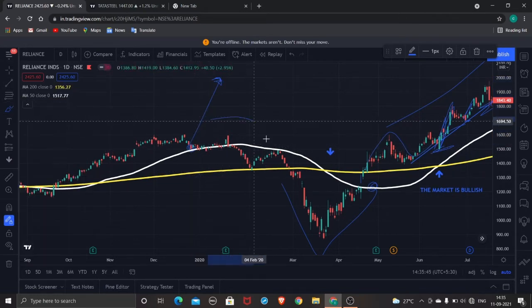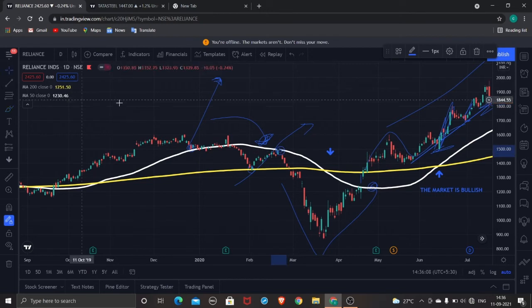Again, the stock price falls and takes support, as I've told you prior that the 200 moving average and 50 moving average are good supports, major supports in price action. So here it takes support, then it rises, and then it faces resistance at the 50 moving average. Okay, so this is the setup going.